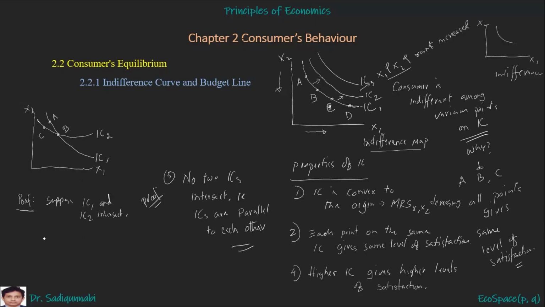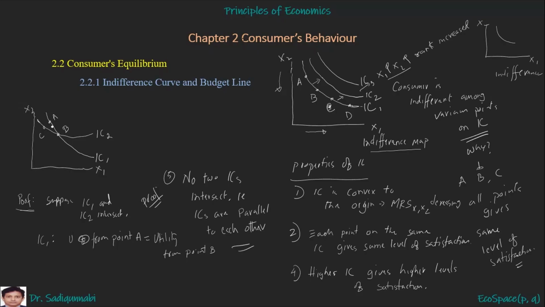We can say that for IC1, utility from point A equals utility from point B. Why?